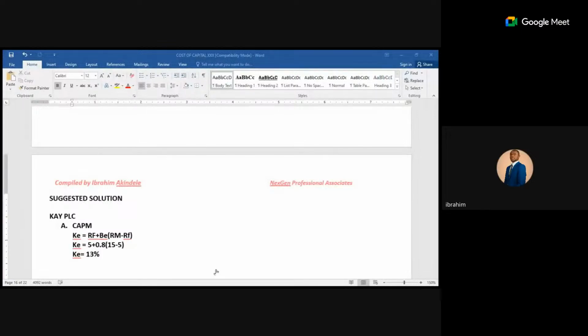Then 15 minus 5 is 10. 10 times 0.8 plus 5 should be 13%. Right? So anytime you are faced with percentages, save yourself the stress of converting 5% to 0.05. Just use 5%. At the end of the day, you will still have the same thing. Okay, we move. Thank you.